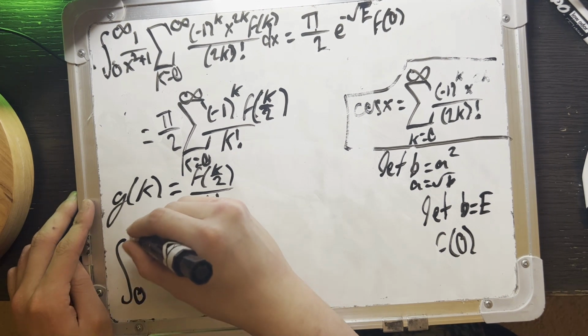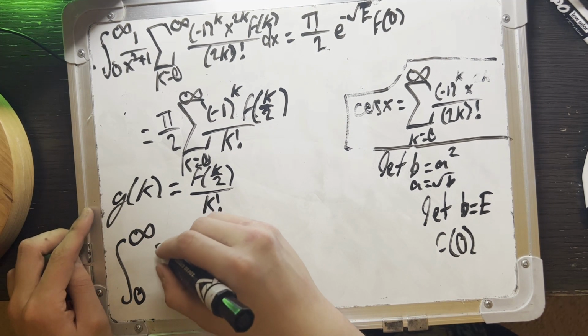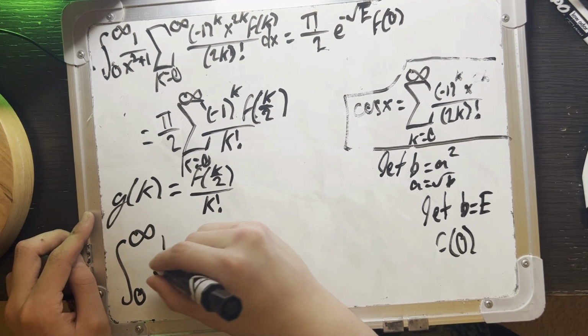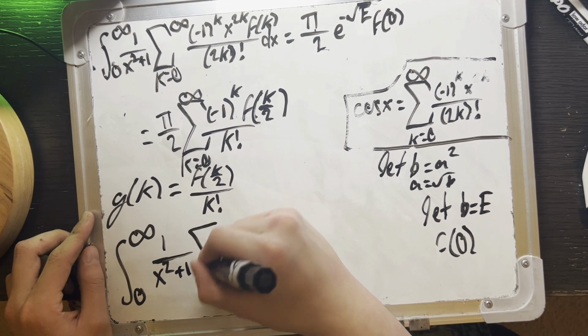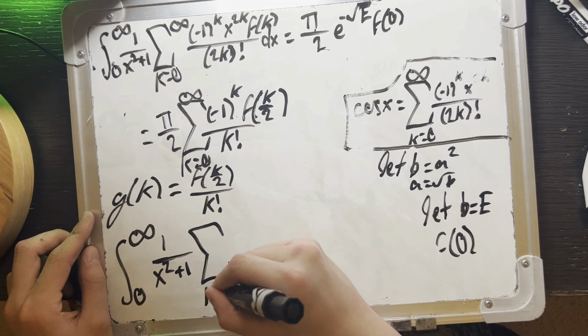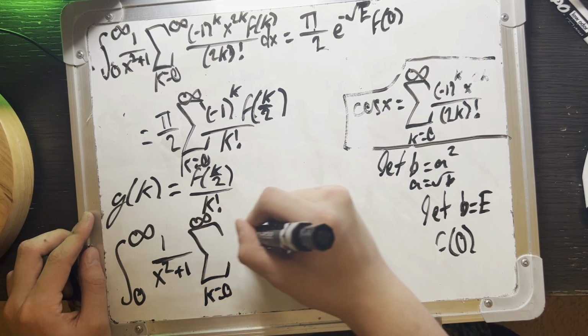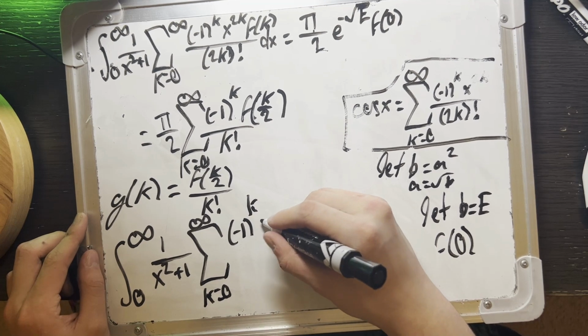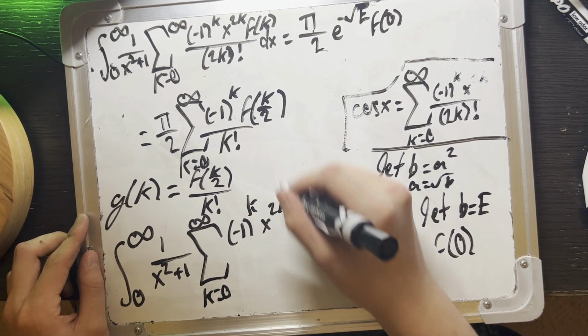So then, finally, we get the integral from 0 to infinity of 1 over x squared plus 1 times the sum, k equals 0 to infinity, minus 1 to the k, x to the 2k. That's our g of k now.